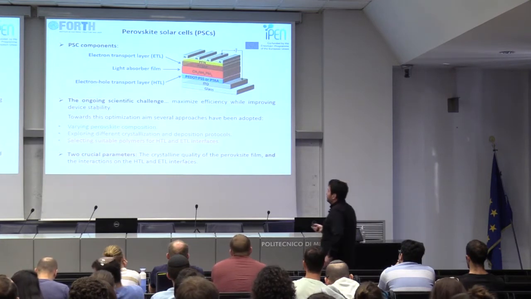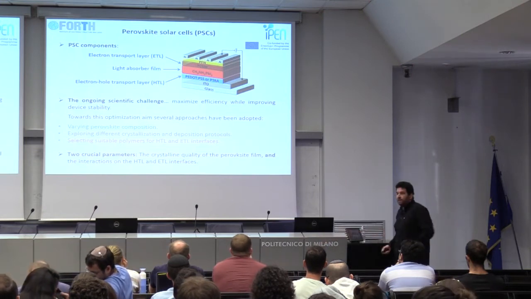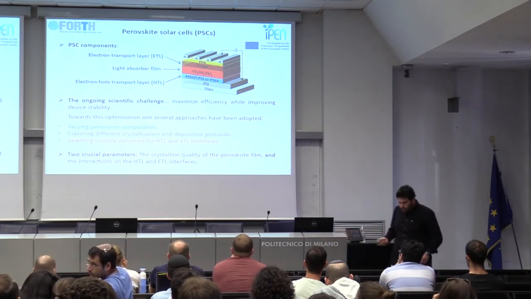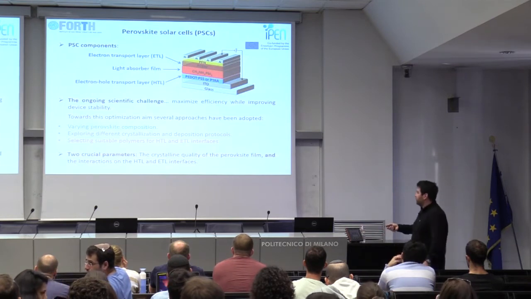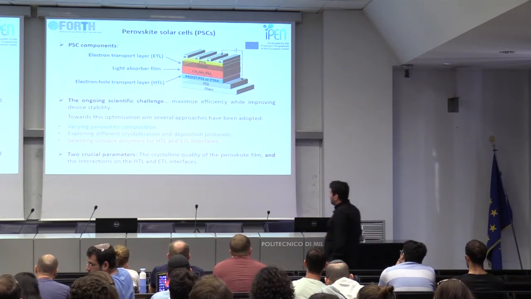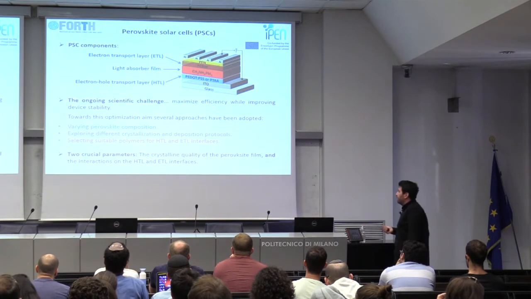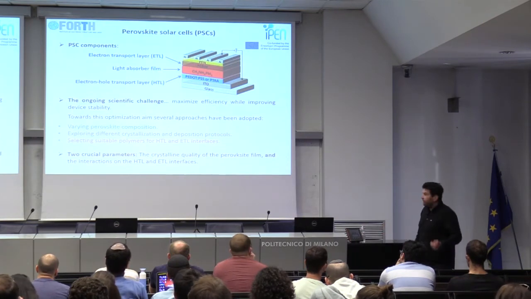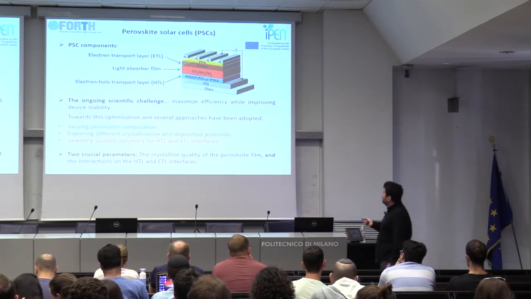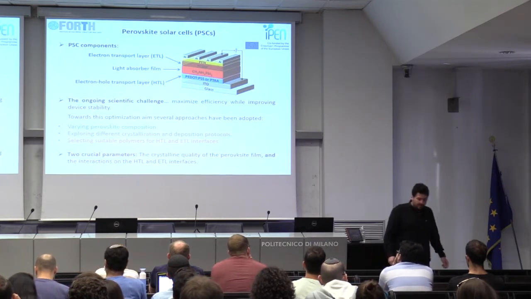Now, as I said, the ongoing scientific challenge remains to maximize the efficiency and keep these devices stable. And in order to do this optimization, several approaches have been adopted over the years. The first one is to vary the perovskite composition itself. The second is to explore different crystallization and deposition protocols. And the other one is to select different types of polymers for the hole transport layer or electron transport layer materials.